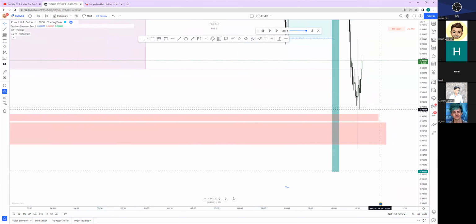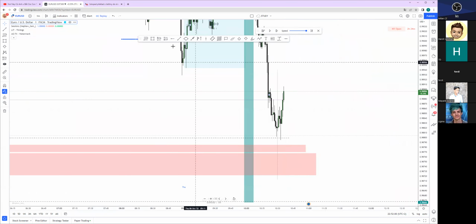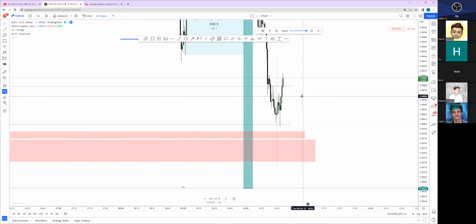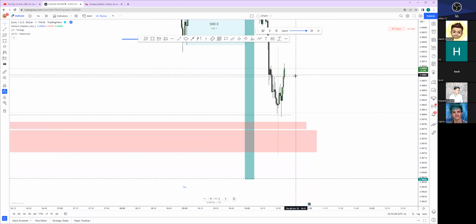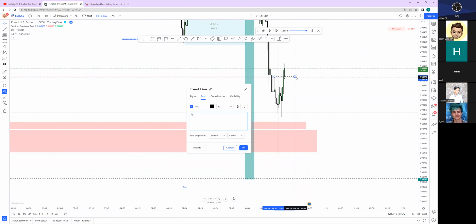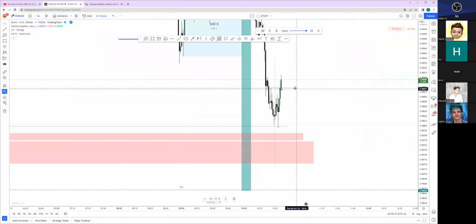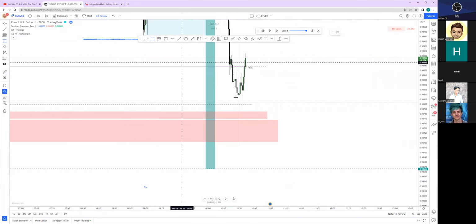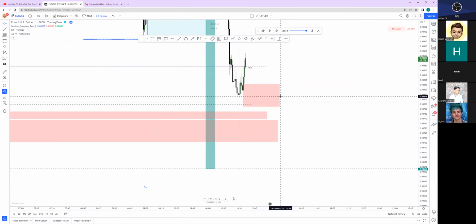So let's just see. Yeah, and we also broke. Let's say this would be your break minor structure or internal structure, and this would be your first BOS in a while in the opposite side. So of course you don't want to take trades here because this would just be an SSC trap.